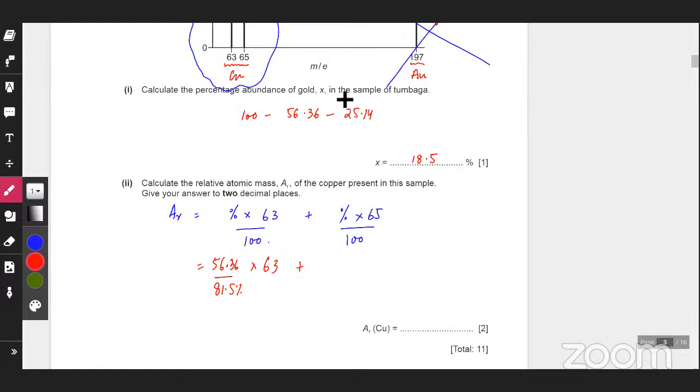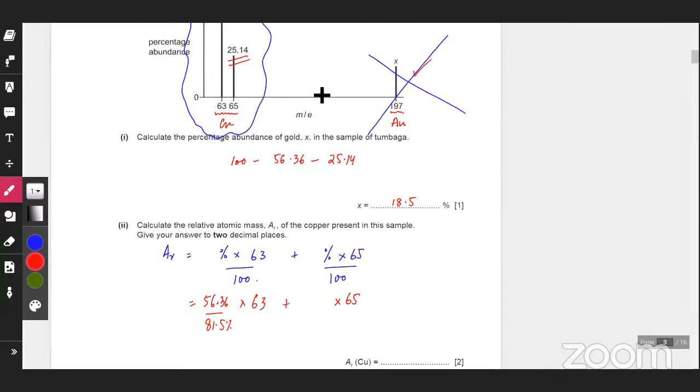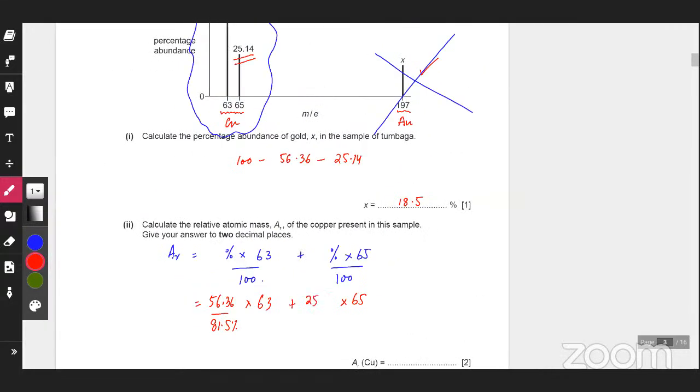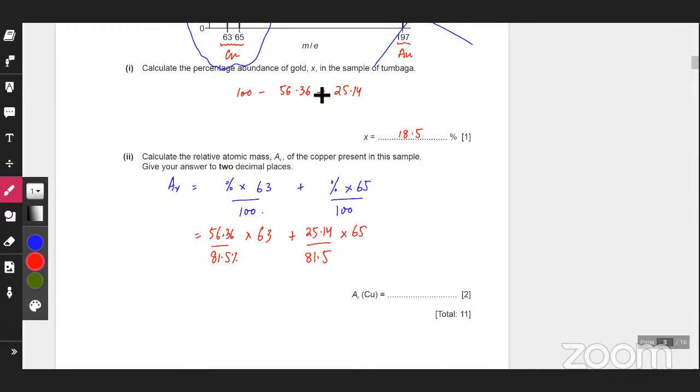And the other one, copper 65, is 25.14% of 81.5%. Now we can figure out the average relative atomic mass of copper. Can anyone try and calculate? It's 56.36 divided by 81.5, and then you multiply it by 63.